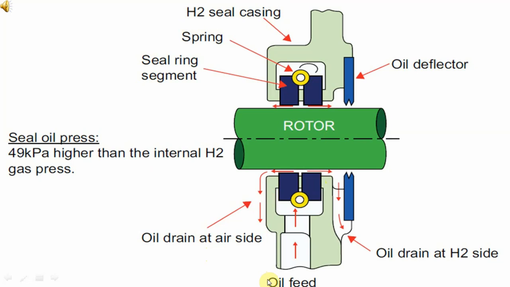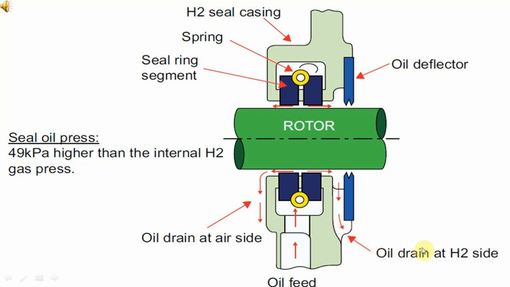Here we can see that in the casing oil is being fed. The oil is then coming out from this place and forming a thin film. One part of the oil is going to the air side and other part of the oil is going to the hydrogen side.